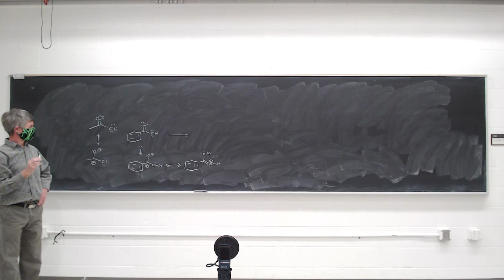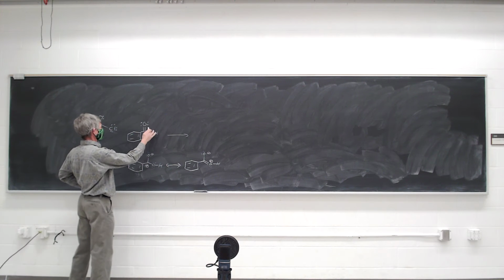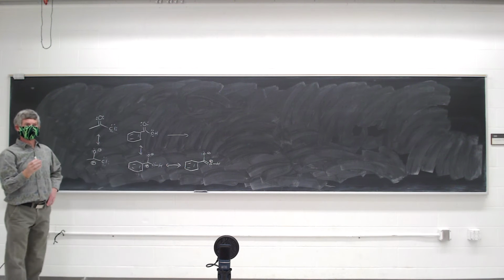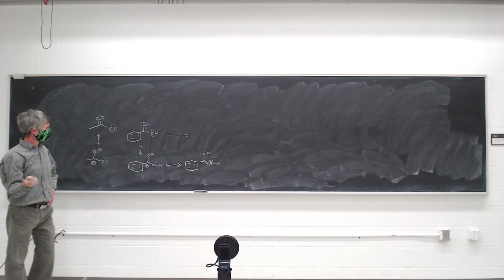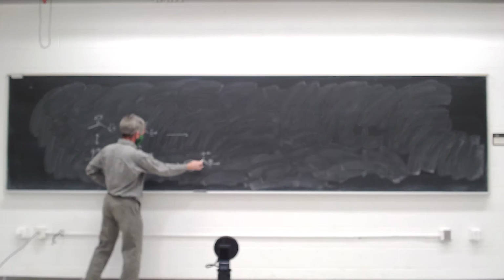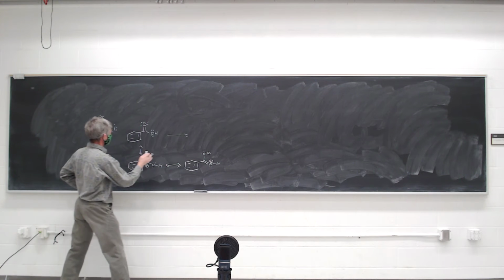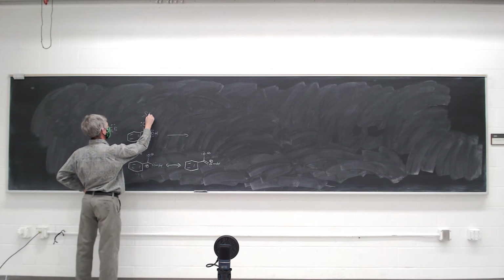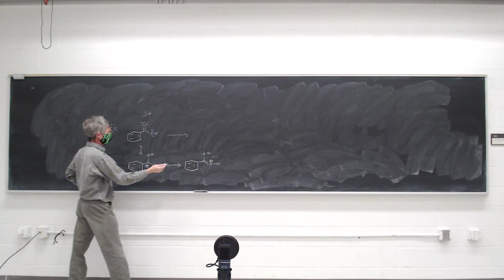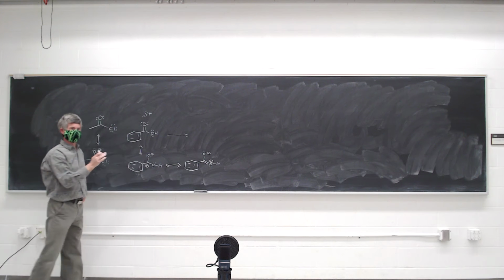Which of these two oxygens is the better nucleophile? Oh, the one that we just, the resonance one where you have the negative. So two of the three resonance structures have a negative charge on that oxygen. Yeah. One of the three resonance structures actually has a positive charge on that oxygen.